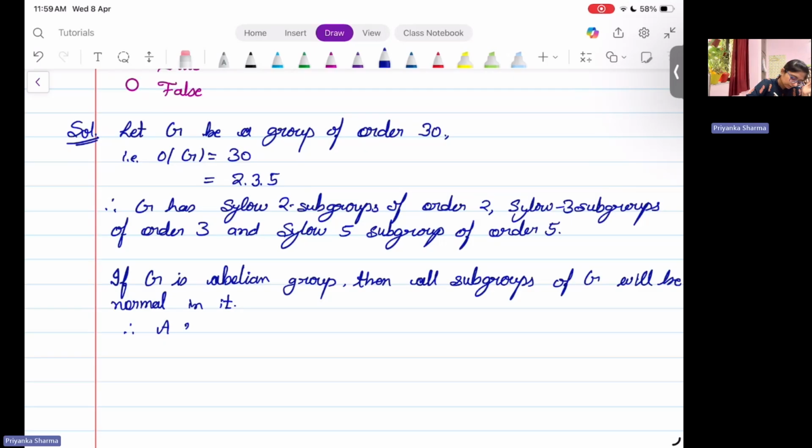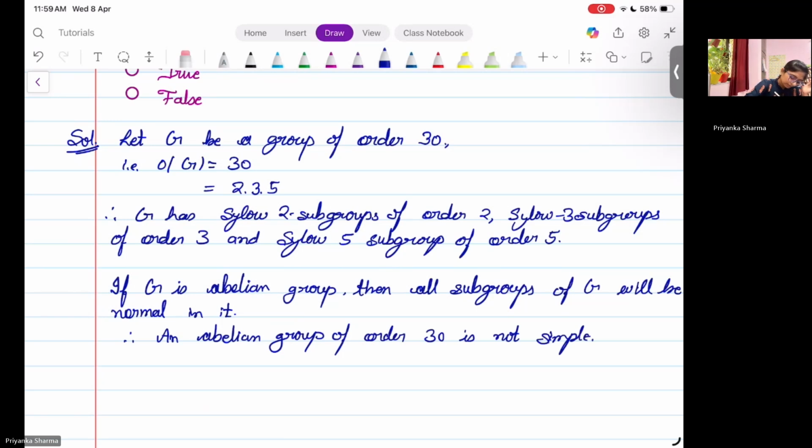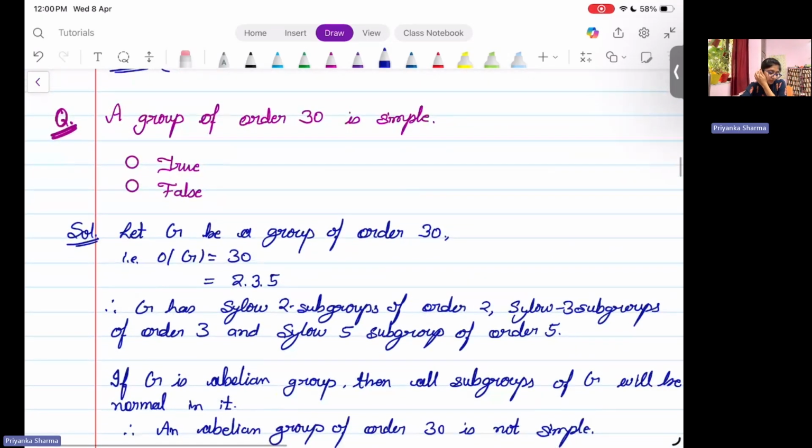Therefore, an abelian group of order 30 is not simple. So that's why we assume that G is non-abelian, because in the case of an abelian group, the statement is false.